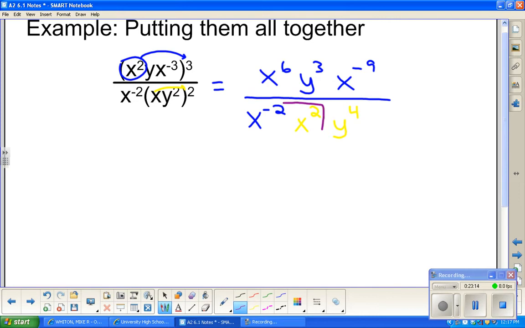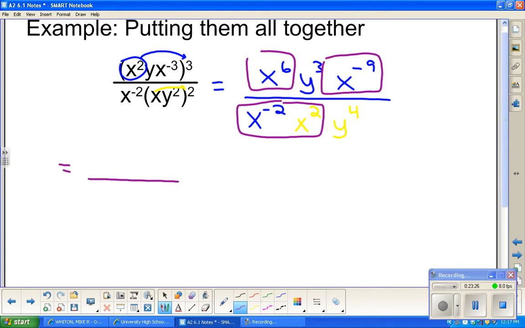Can these be combined and these? We actually have some in the top and the bottom. Remember we had a rule, the very first one. You can add those exponents, right? So just work on the numerator and the denominator separately and simplify them. So the numerator will be what? X to the negative third, adding the exponents, and y to the third is still there for now.